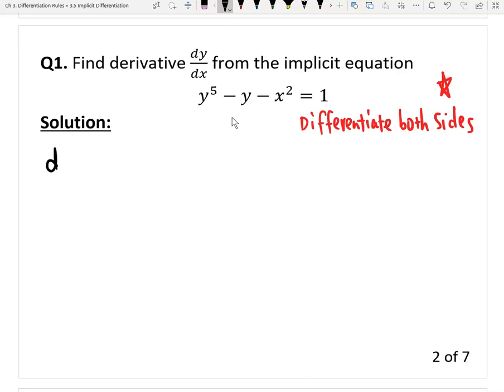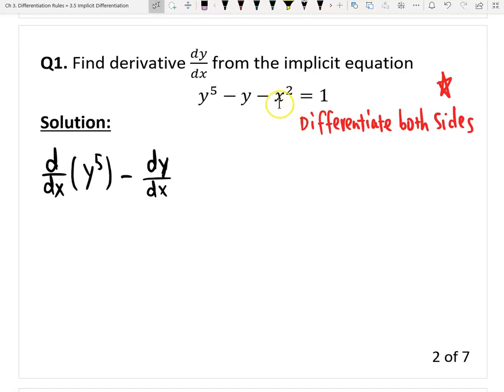The first is d/dx. We said it's better to use Leibniz notation, which means this operator. Do you remember this? This is the derivative of the first term minus the derivative of the second term. The second term is y; taking a derivative with respect to x means dy/dx.